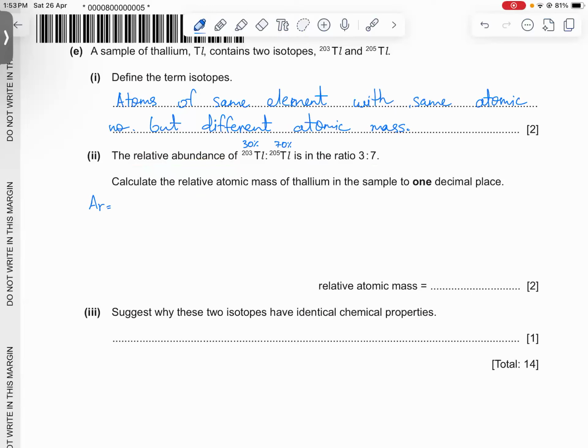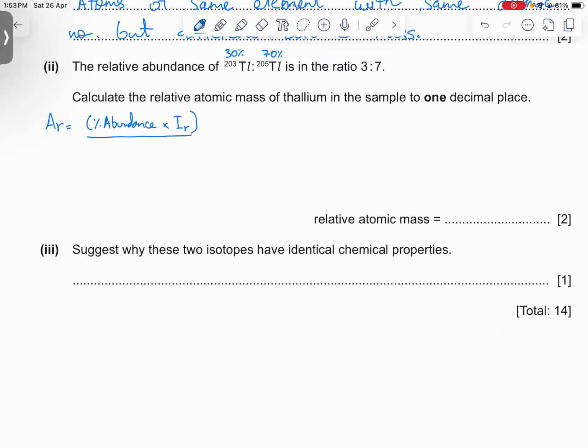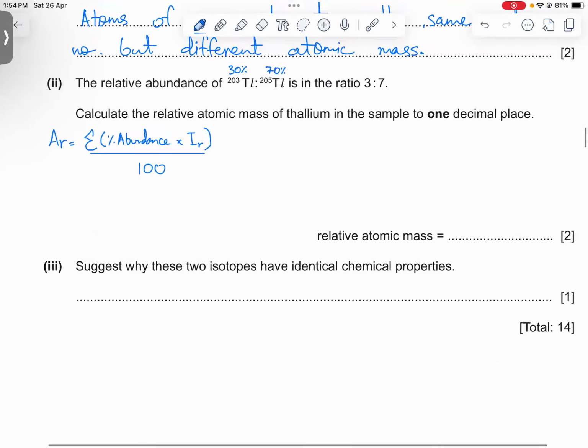So we write Ar equals the summation of the percentage abundance multiplied by the isotopic mass, let's just call it Ir, divided by the summation of abundance, which is 100. I forgot to write the summation. So this is the summation.